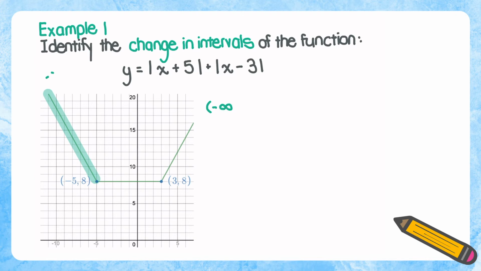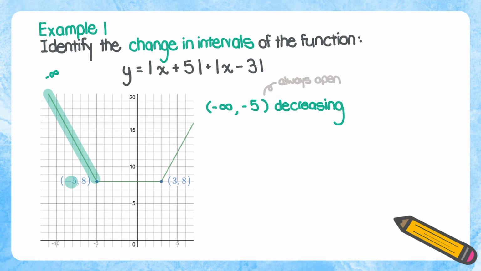So when the function goes all the way to the left, it's just going all the way to negative infinity, all the way up to negative 5. And again, we're just looking at the x values for this part. So from negative infinity to negative 5, the function is decreasing. And when we're talking about changes, your interval is always open, so we use the parentheses.